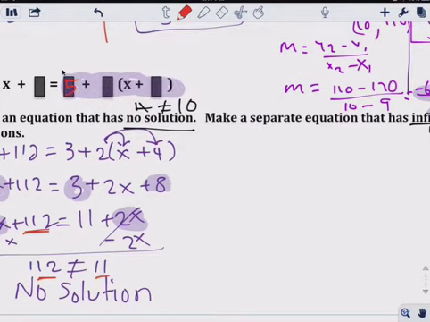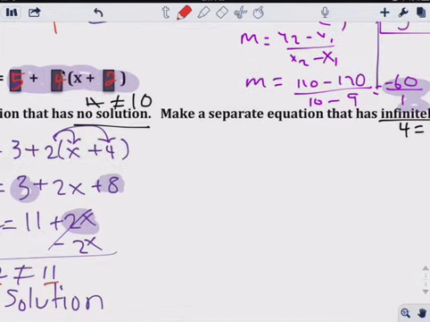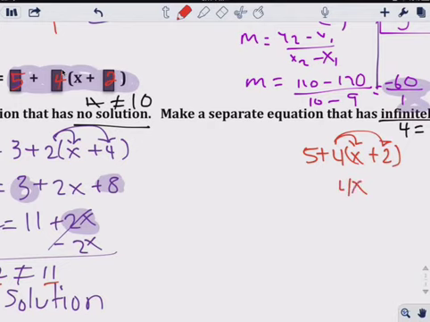And let's give this a 4, and let's give this a 2. No 1s, remember. So this is 5 plus 4x plus 2. Distribute first. 4x plus 8 plus 5. Combine the like terms, 5 and 8 gives you 13 plus 4x.